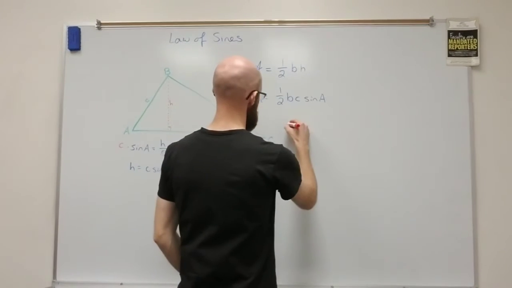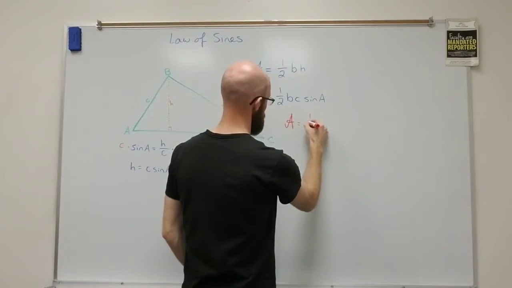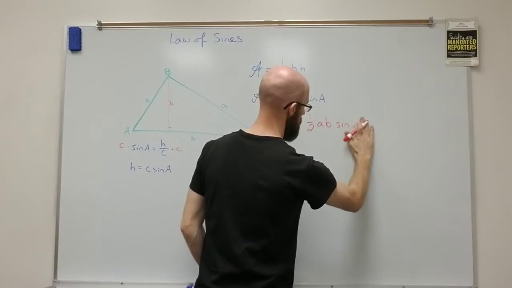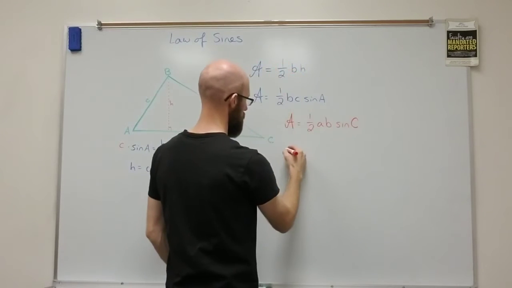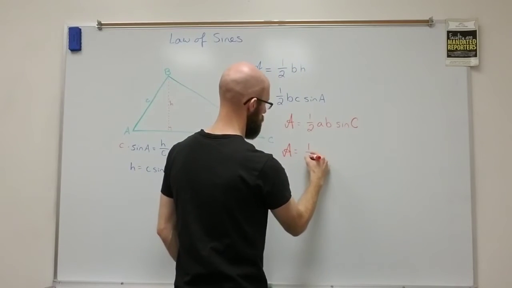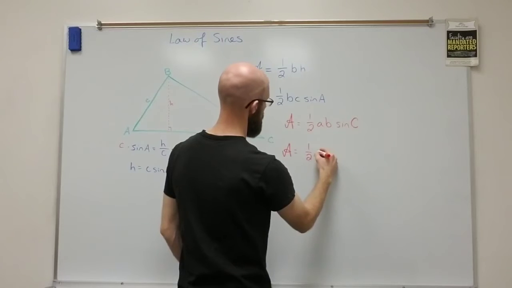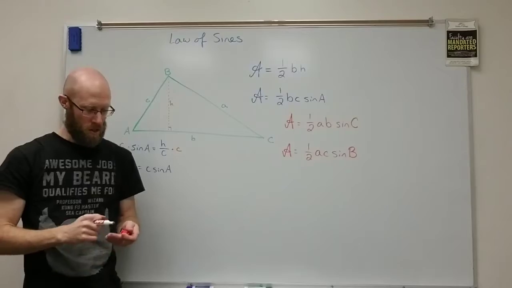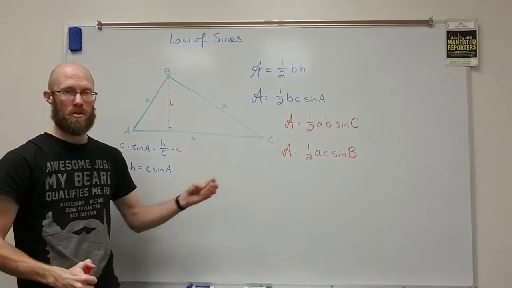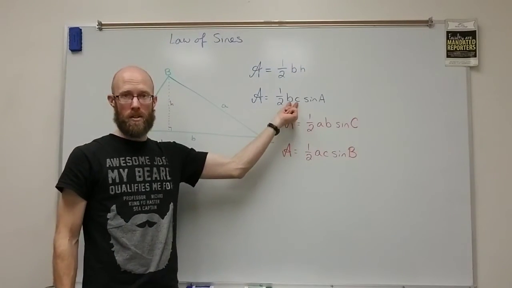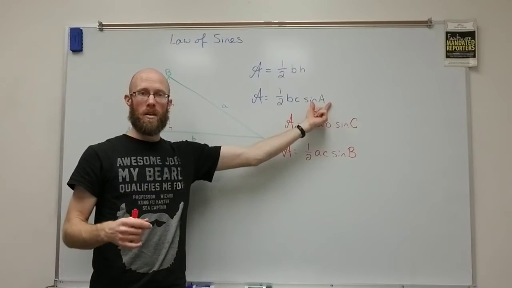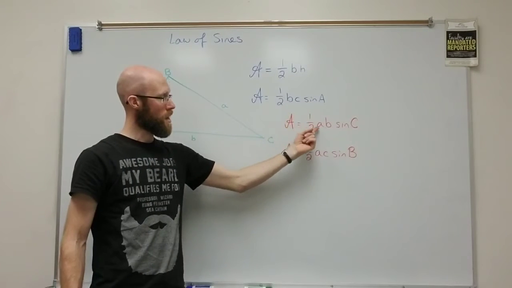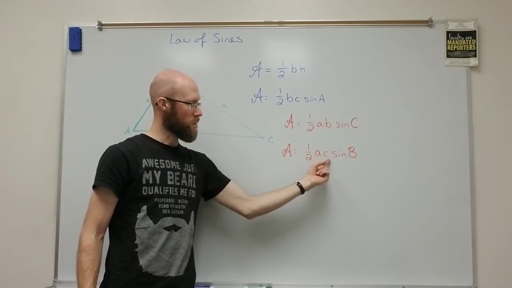The other two formulas: area equals 1/2 AB sine C, and the area equals 1/2 AC times the sine of B. What you'll notice is that in each of these formulas, you have the product of two of the sides and the sine of the third angle. So BC and A, AB and C, AC and B.